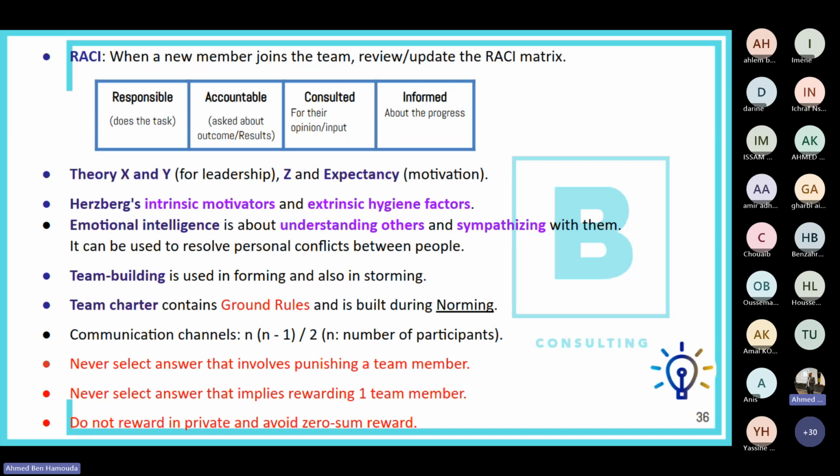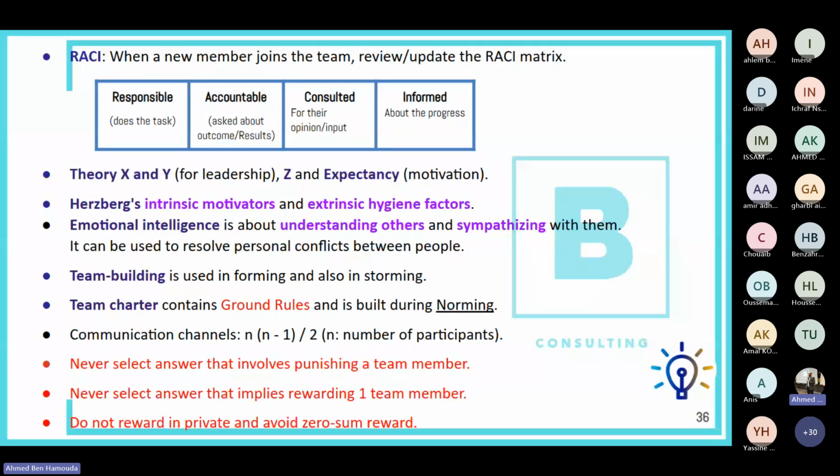Okay. Usually in the PMP exam, there are not many questions about these motivation theories. Maybe about Herzberg's theories and Herzberg's intrinsic motivating or hygiene factors. We saw them in the training. Okay, so please go back to the PMP training and review Herzberg's motivating factors, intrinsic.